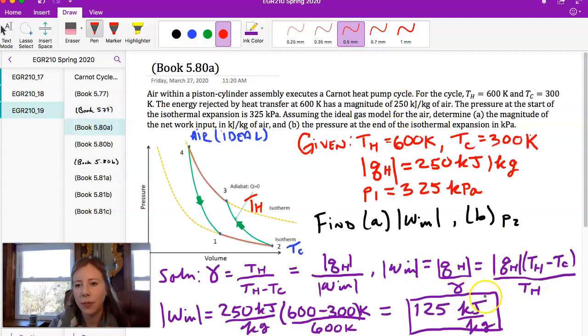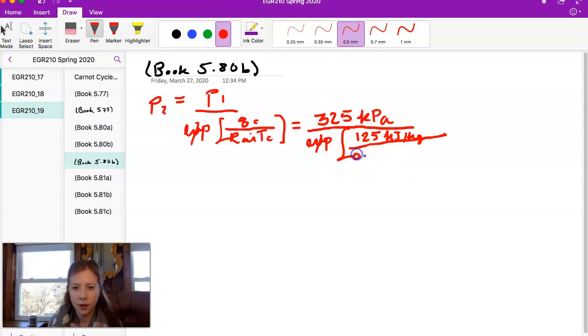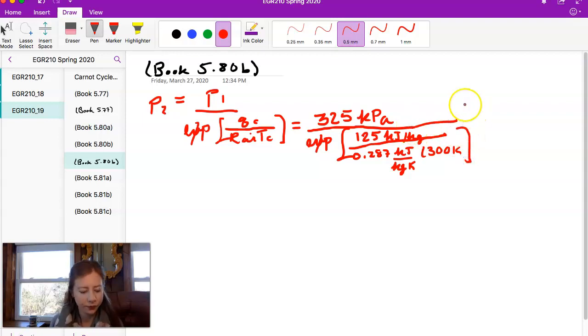So it's going to be equal to 250 minus 125 kilojoules per kilogram, divided by 0.287 kilojoules per kilogram Kelvin times 300 Kelvin. So P2 is going to come out to 76.1 kilopascal.